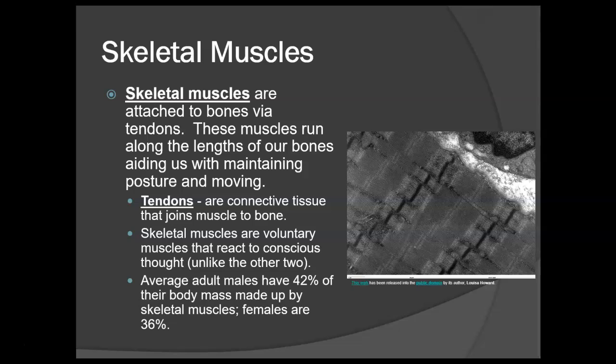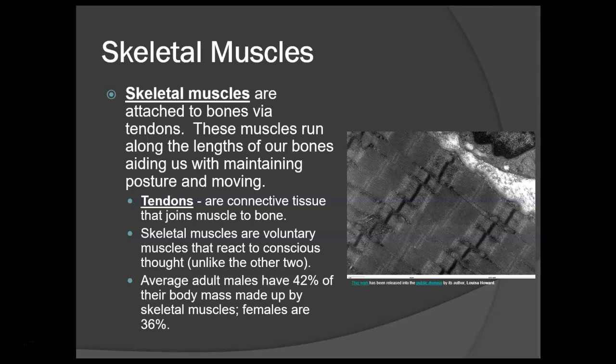When you damage a tendon, that's what's holding a muscle onto the bone itself. So skeletal muscles attach by tendons to the skeleton, and these muscles run along the lengths of our bones, aiding us with maintaining posture and moving.